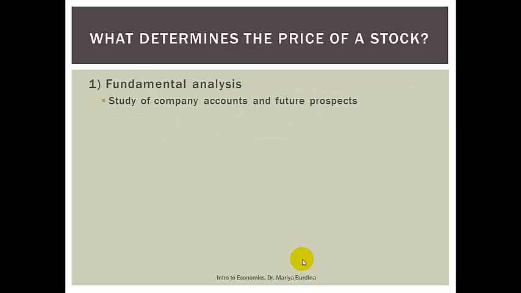So what goes into the determination of the price of a stock? Fundamental analysis. It's the study of company accounts and future prospects. Stock price per income per share ratio. So we're going to determine how profitable the company is going to be based on the company's current standing. We're also going to look at its competitors.